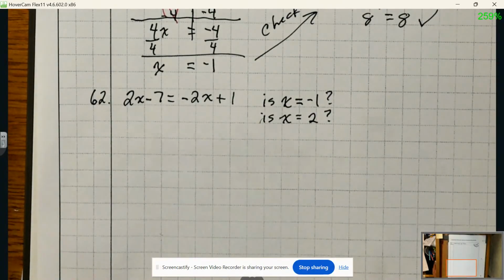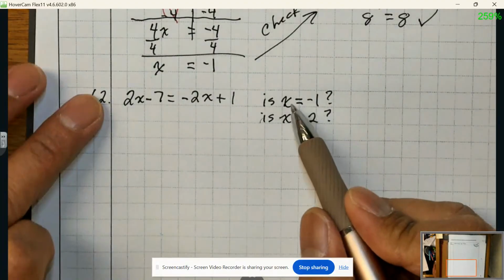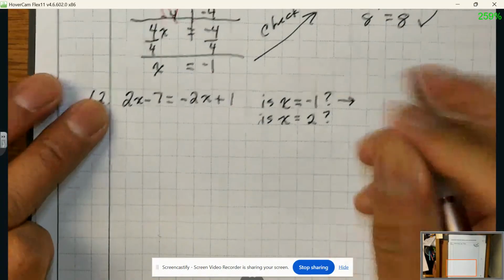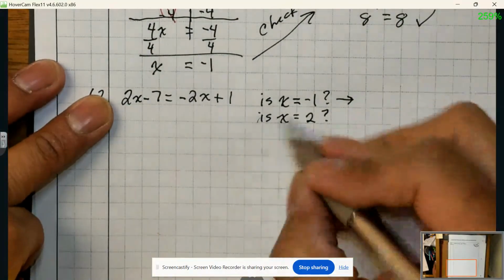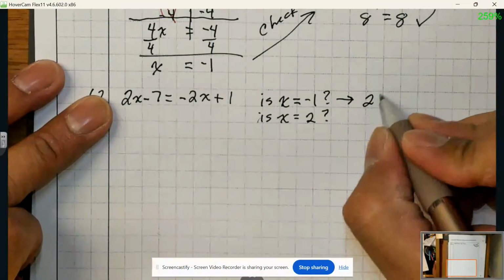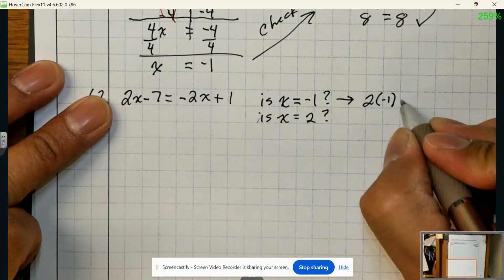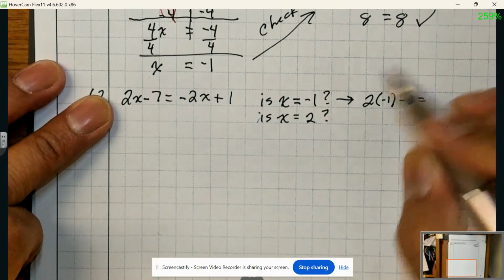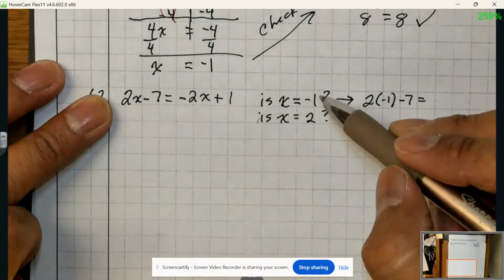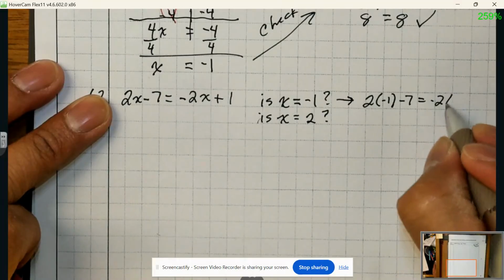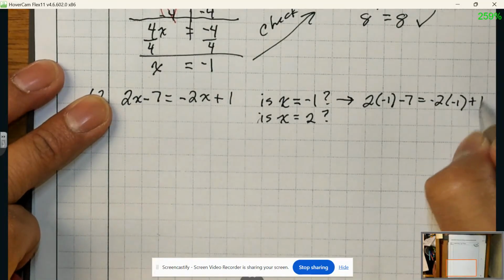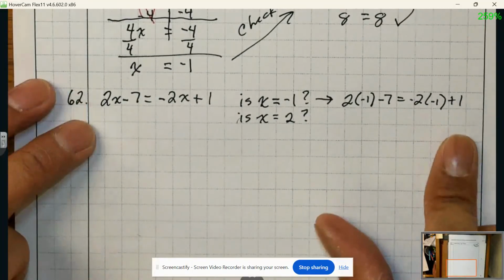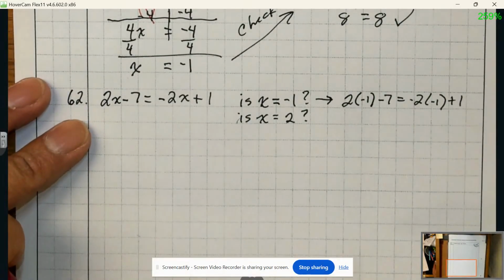So let's plug in first for negative 1. Okay, so let's do it over here. So 2x minus 7 would be 2 times negative 1 minus 7 is equal to negative 2 times negative 1 plus 1. Okay, got to make sure we remember our multiplication rules.